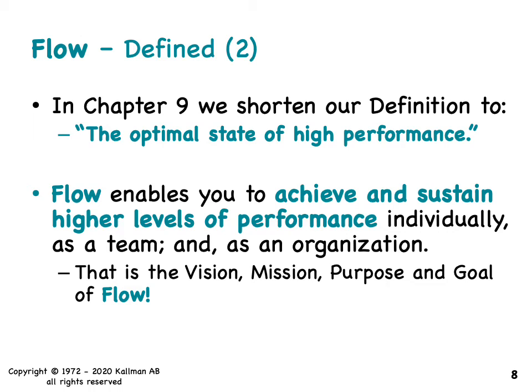If you look at the green text in the bullet point, achieve and sustain higher levels of performance, that's basically the vision for Flow. Our mission is teaching you the what and the how and helping you duplicate the results. And our purpose and higher purpose is that we pursue excellence and we like to help others do the same. And so that's basically the goal of Flow.